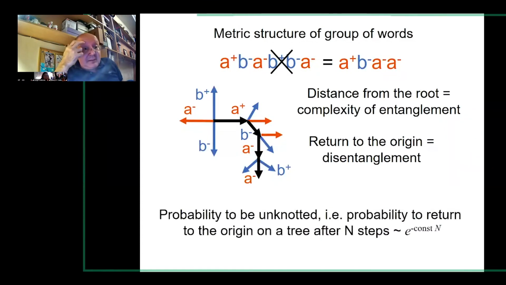So the probability to be unknotted is the probability to return to the origin. Since I'm walking on the symmetric tree, each time I have more probability to go away from the origin than to return back, and therefore if I make n steps, the probability to come to the origin is exponentially small.